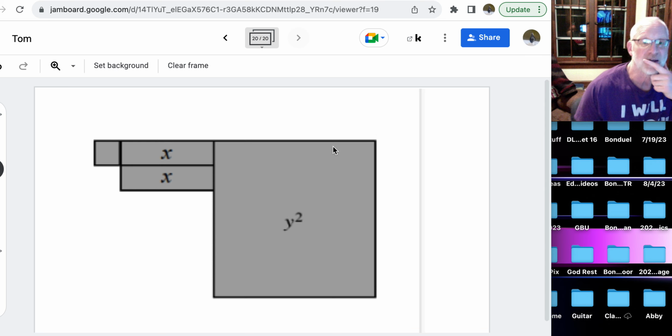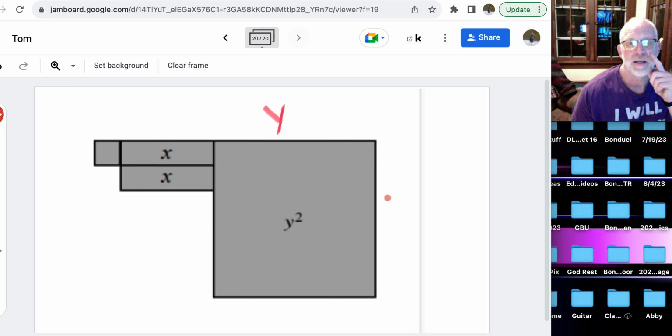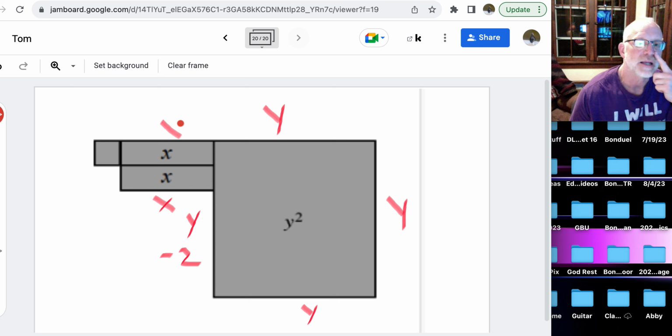All right, now we wanted the perimeter of this one. So we went through here and said, well, this is y, and that's y, and that's y, and this one's y, except it's only that long because we have to take 2 away. So we got to go y minus 2. And then we said this one's x, and this one's x, and this is 1, 1, 1, 1.